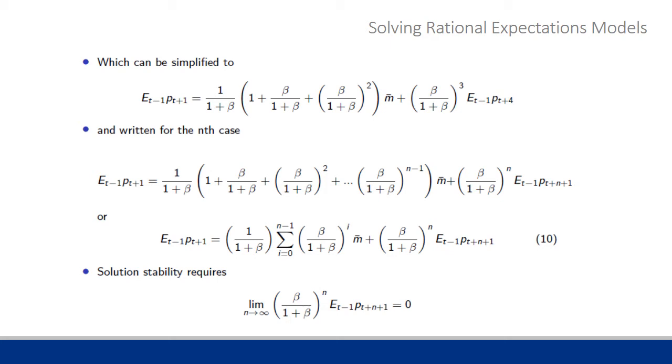We can say that the last term, as n becomes large, you do this enough times, will become 0, so that the limit as n tends to infinity of beta over 1 plus beta to the n, E_t P_{t+n+1}, will become 0. And we know that this has to be a fraction. Beta over 1 plus beta has to be a fraction, and a fraction to the power of n as n becomes large becomes 0 on its own. So this is intuitive.